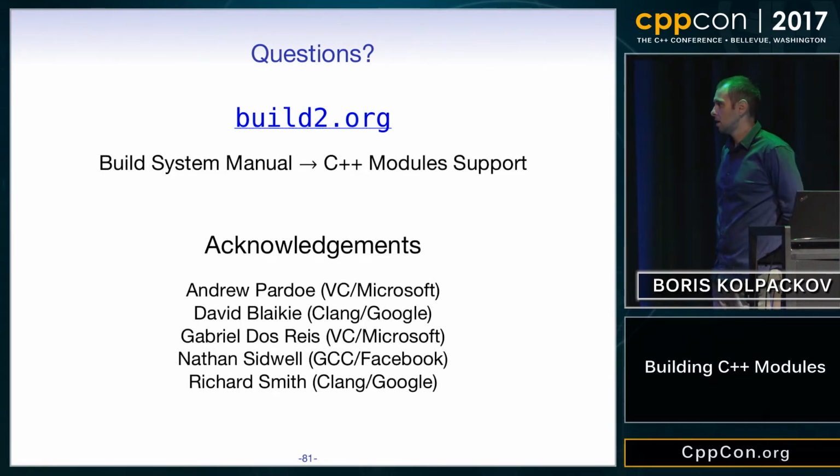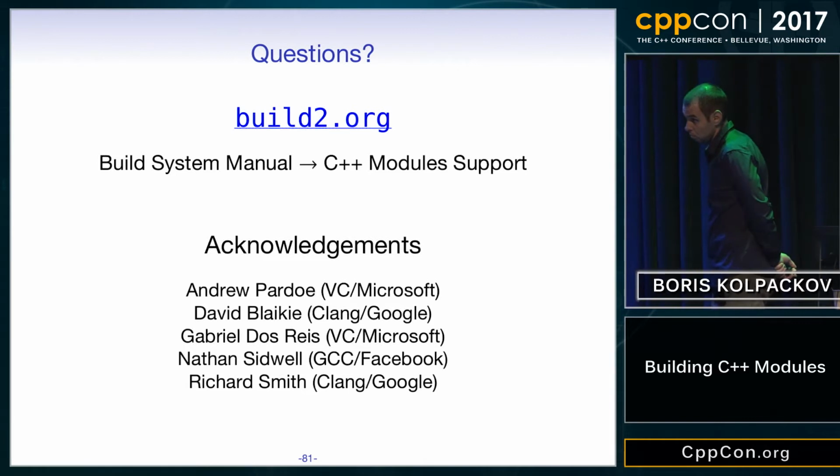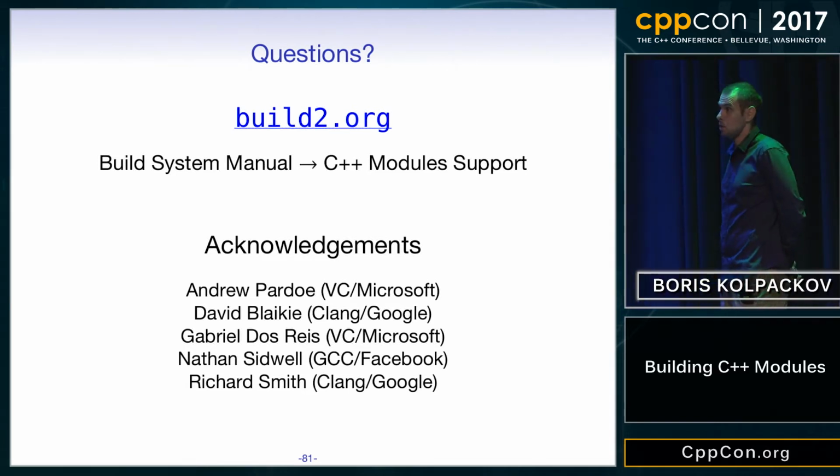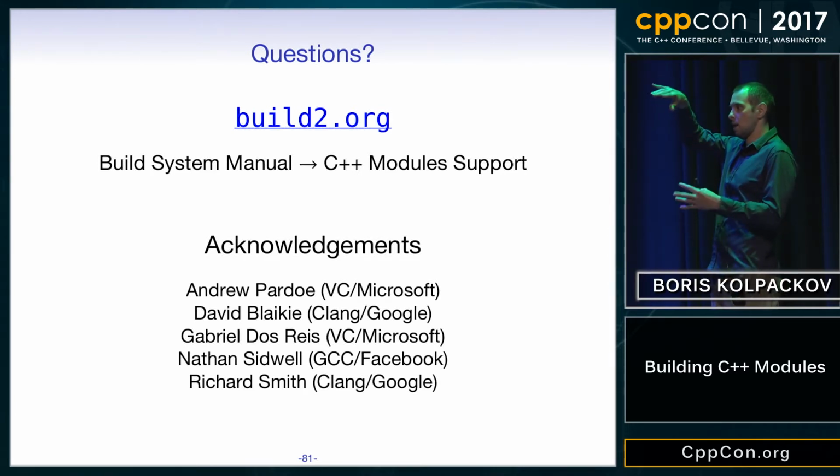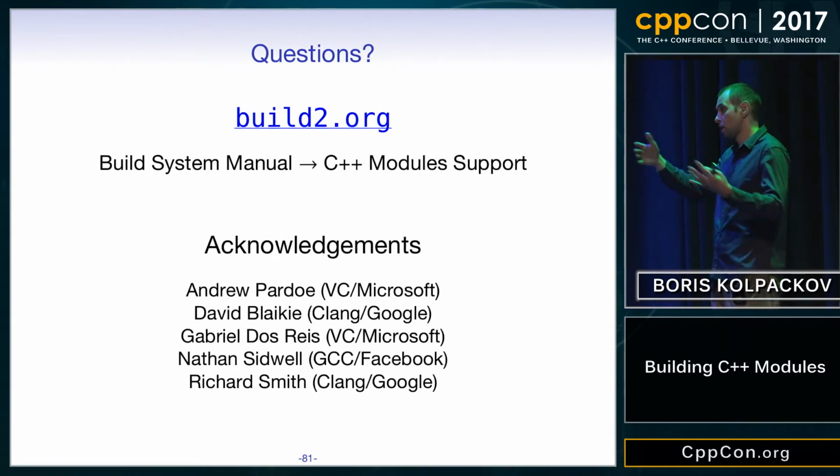Well, I can tell you how it's done in build2. If you study the specification for modules, one nice property of the grammar rules is that all the module declarations are what I would call top level. They are all at the top level of your name scoping. The module declaration has to be in the global scope.